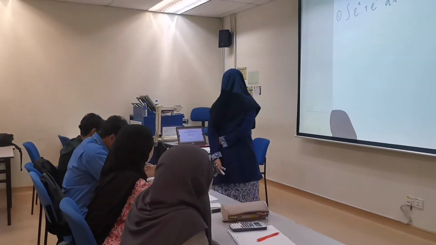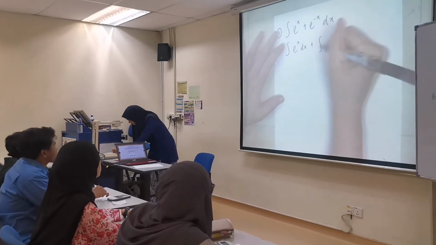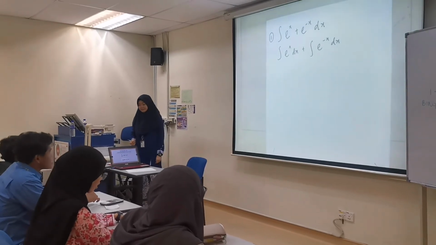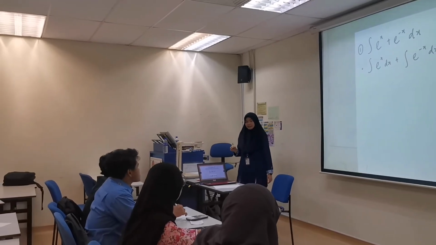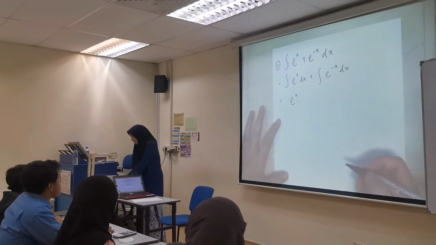Majority correct, but some of you still don't get the idea. So the question is e^x plus e^(-x). As we all know, we can separate it out. As I said before, in the formula, if we integrate e^x, we get e^x.